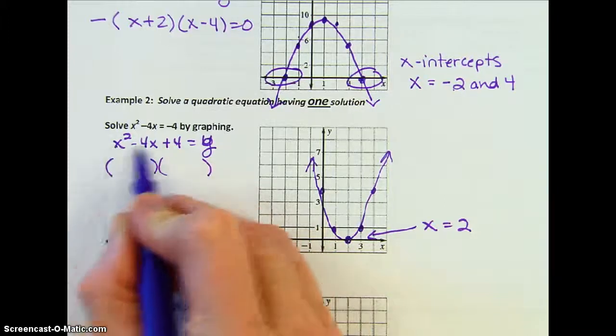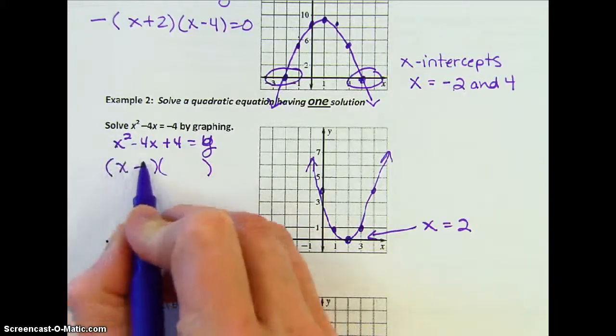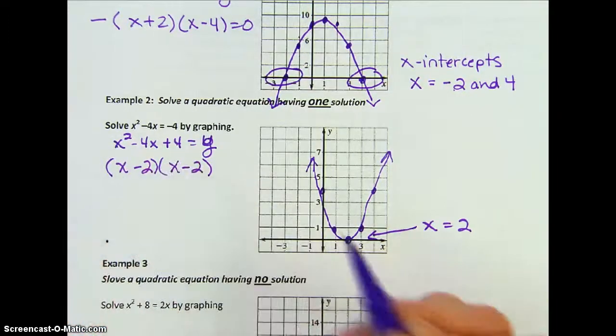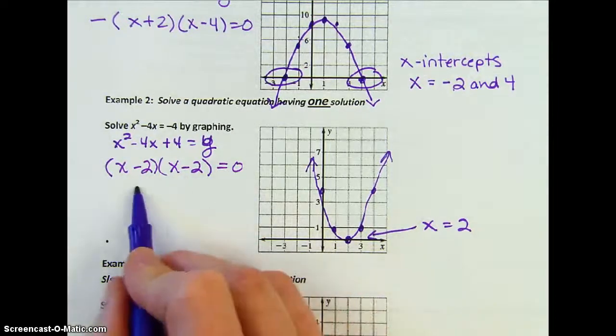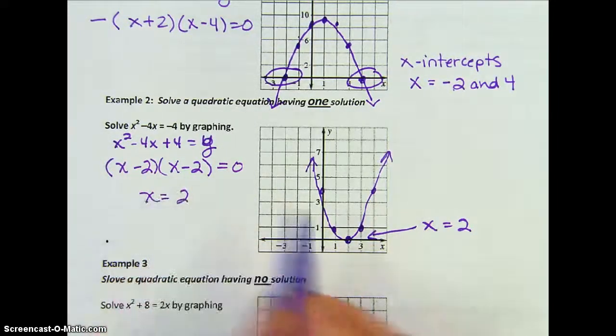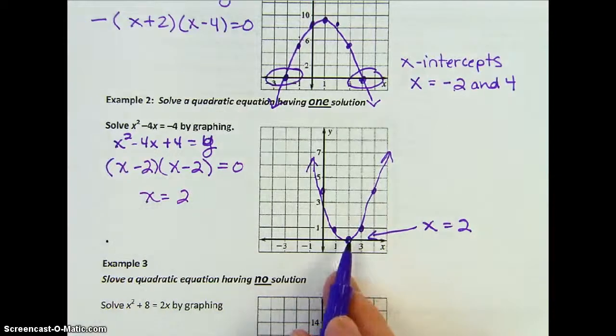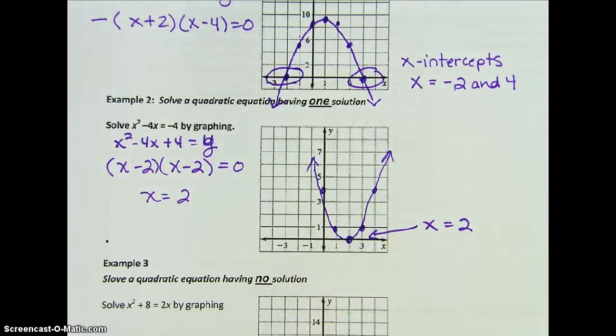Notice how it's a perfect square trinomial. So x minus 2, x minus 2. It's the same factor. If I set this equal to 0, I will only produce one answer of 2. So that should be a connection to your perfect square trinomials: it only has one solution, and that one solution is the vertex of the graph.